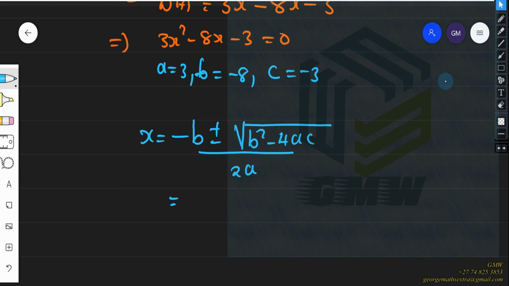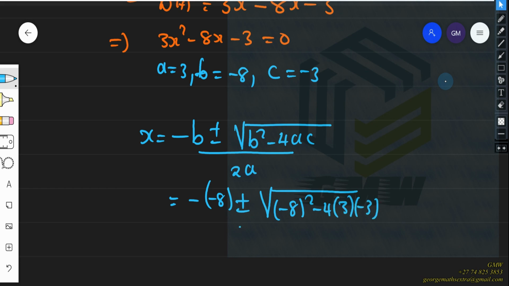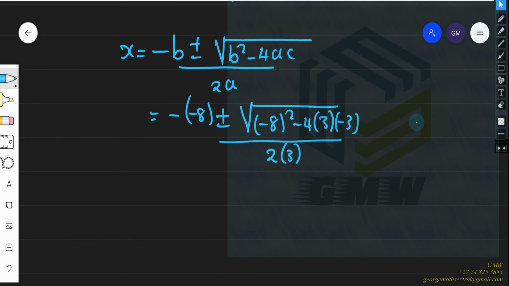Where there is b, I put minus 8 plus or minus the square root of minus 8 squared minus 4, a is 3, c is minus 3, everything over 2, a is 3. Again, if you are using Casio, you can punch everything as it is and get the values of x directly.